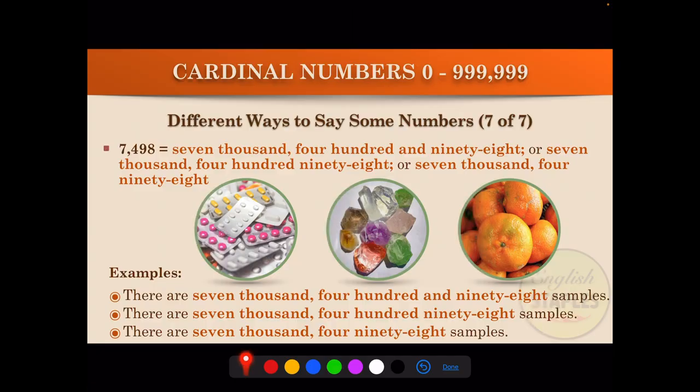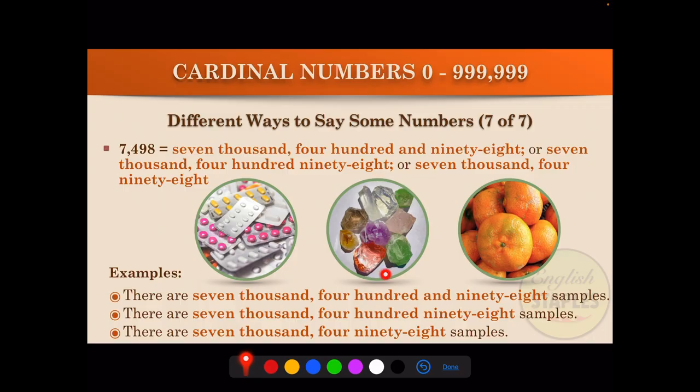7,498. So we drop the and. So how do we use it in a sentence? There are 7,498 samples. So we have some samples here of medicine.